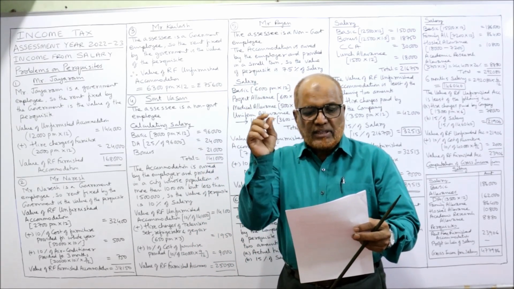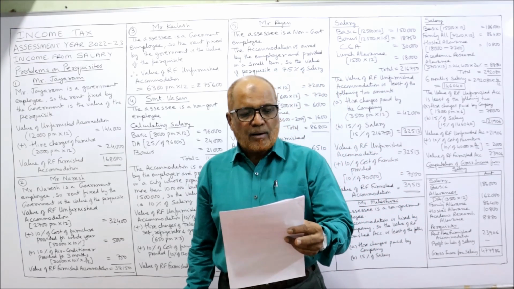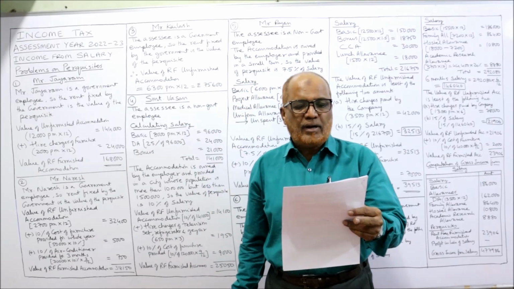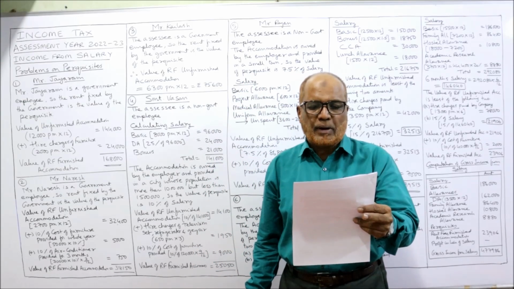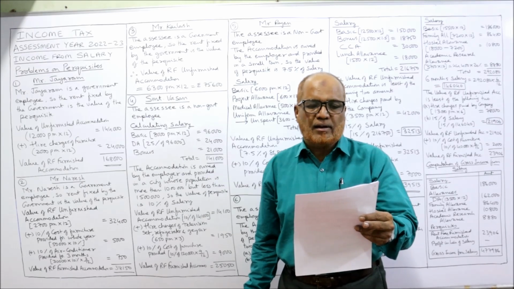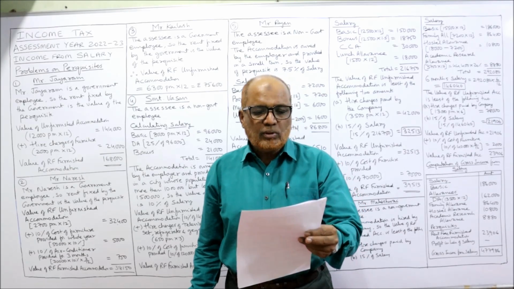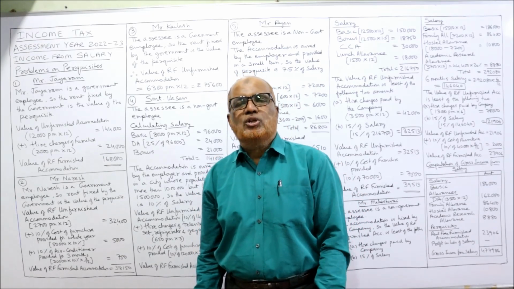He is provided with rent-free accommodation in Chennai. The rent of the accommodation as per government rules is 12,000 per month. He is also provided with a television set and a refrigerator that is hired for rupees 2,000 per month. Compute the value of rent-free accommodation.